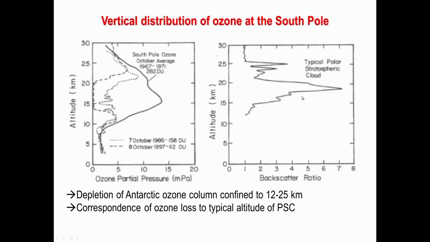And the clever part of the linkage between the chemistry and the finding of the ozone depletion from observations was the understanding of the role of the polar stratospheric clouds. Because the gas phase can't explain the ozone destruction, it was thought that there must be something happening on the surfaces of these clouds.